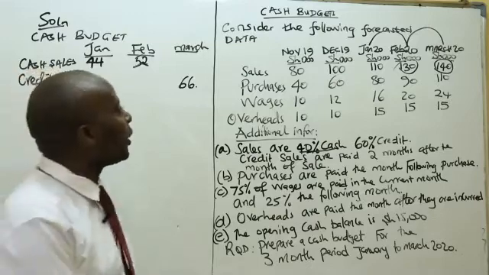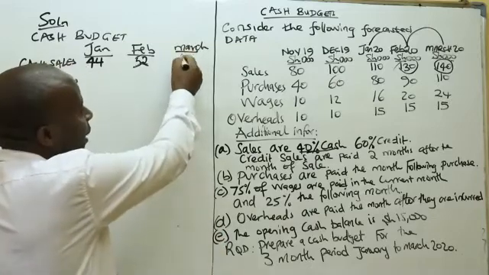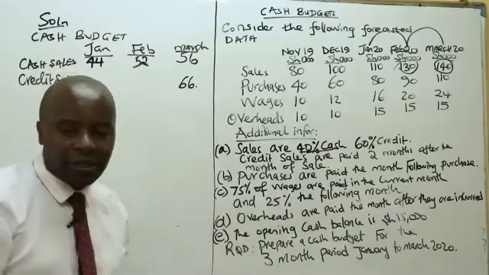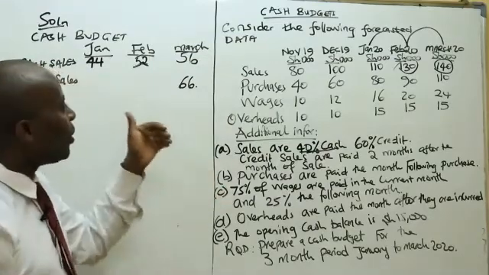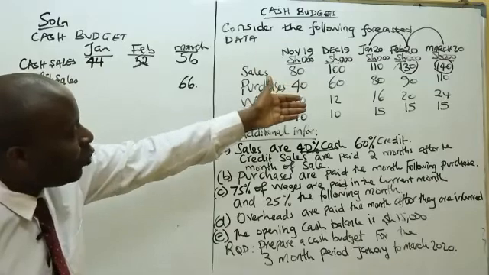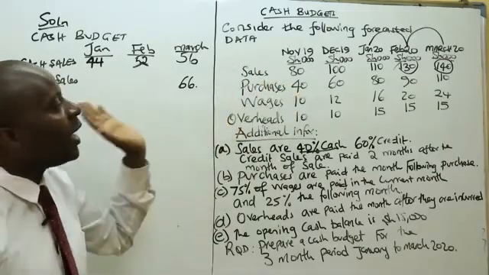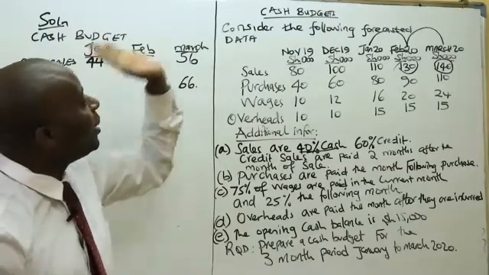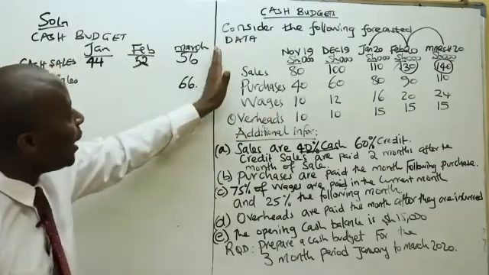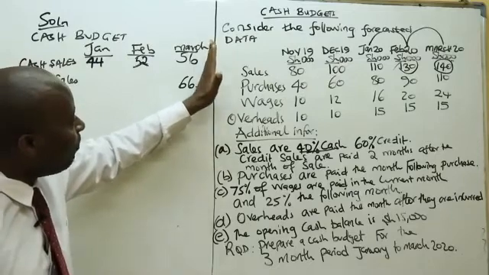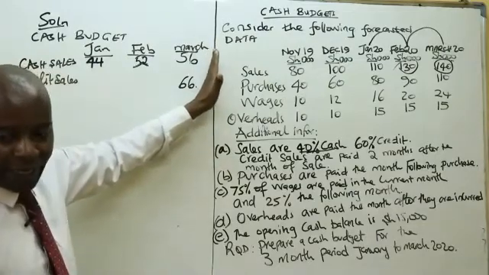So 56 is what I will come and book in here as a cash sale. The 60% of 140 will not bother me because I will be receiving that money in a month which is outside my cash budget period.